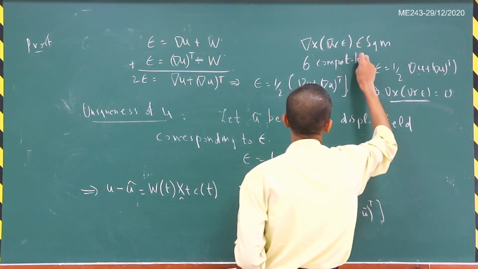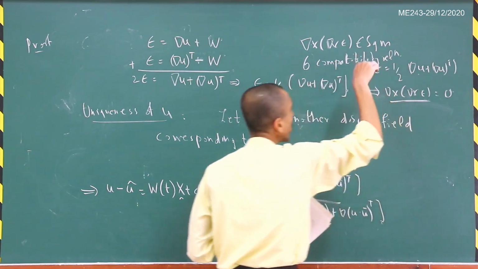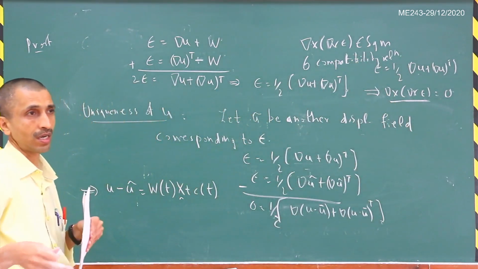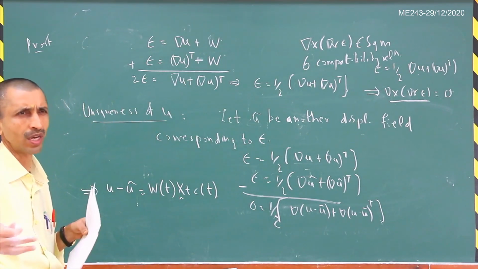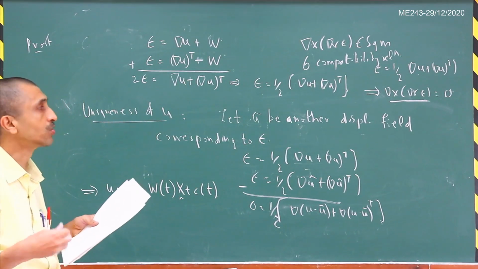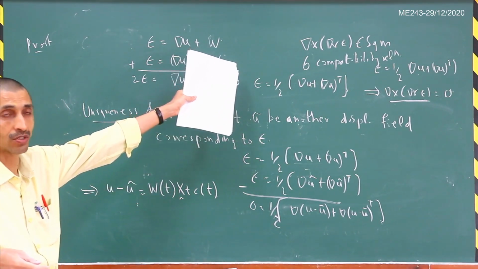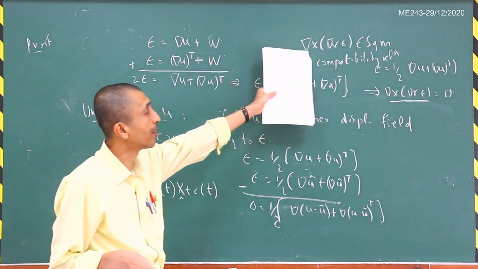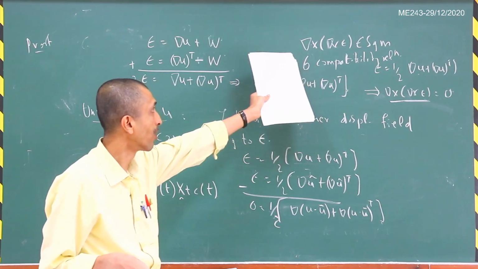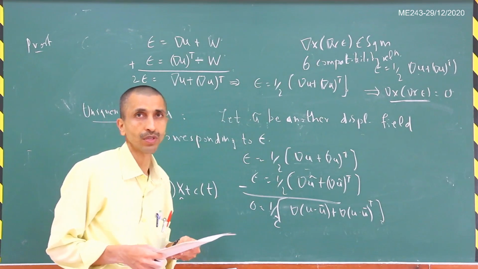You must have already seen these compatibility relations in various books, Deformation Gradient or other books on linearized elasticity. They will directly follow from this del cross epsilon. Although the derivations may have been different, finally the compatibility relations will be the same, from what you get from del cross epsilon equal to 0. So we'll stop.